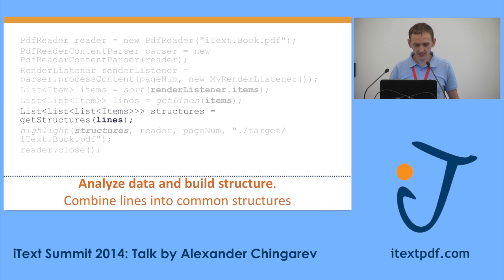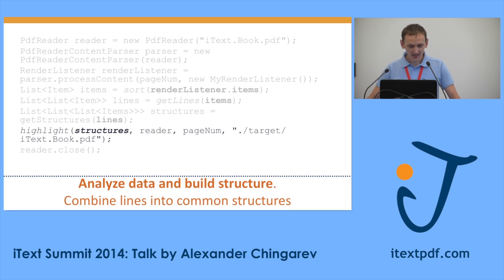So this method takes a list of lines and returns a list of lists of items, which is actually a list of structures. And again, I have modified the highlight method a little bit so that it takes a list of structures, and we are passing the structures to this method.